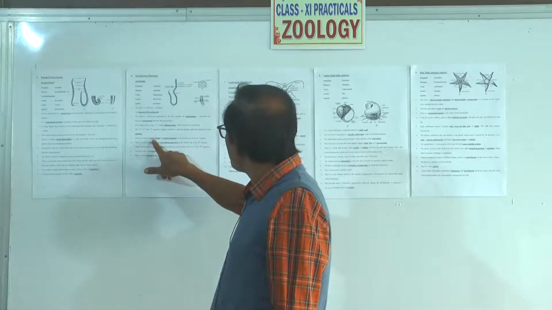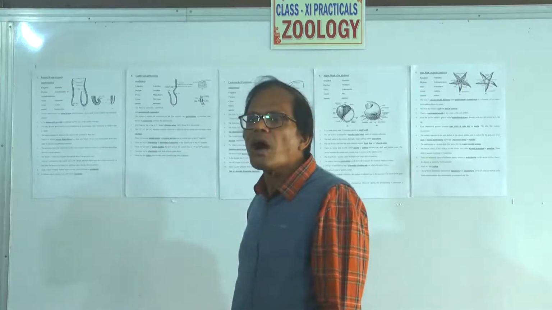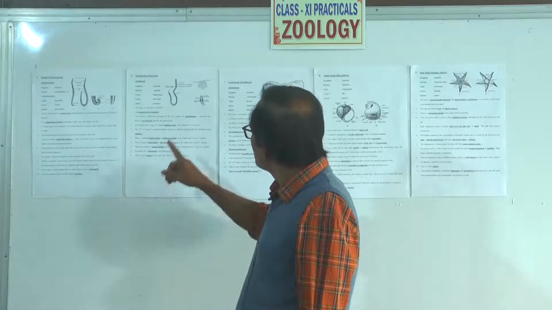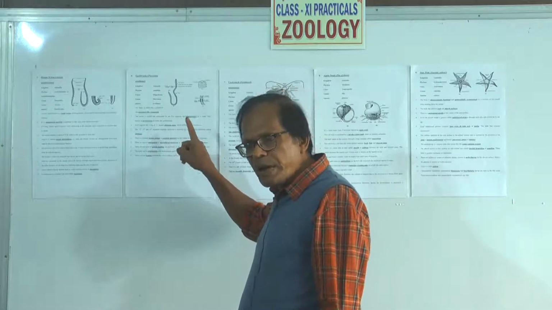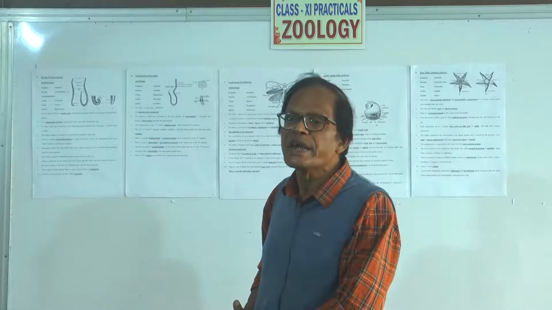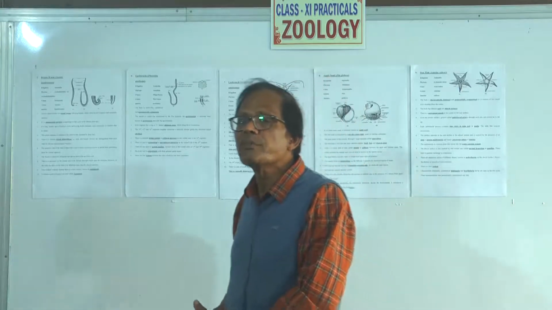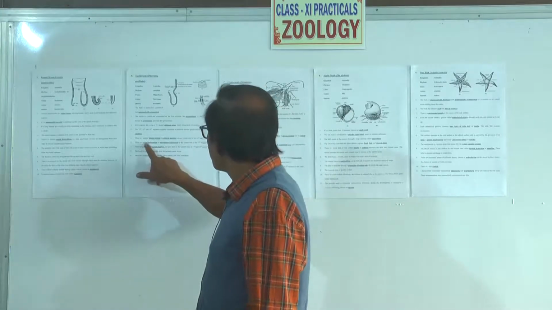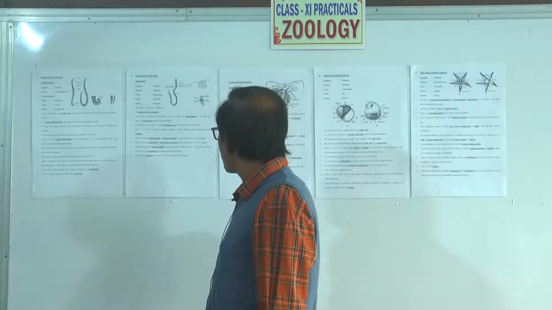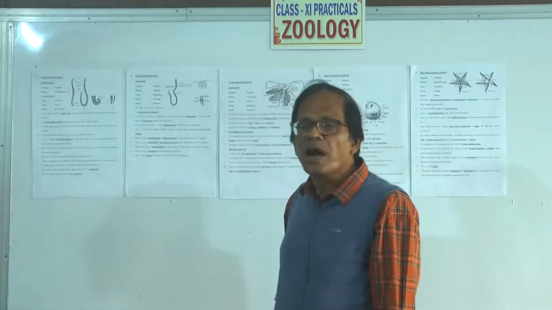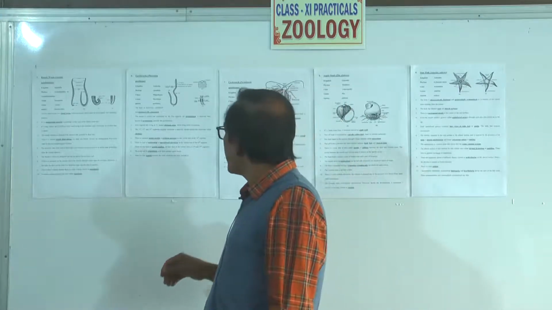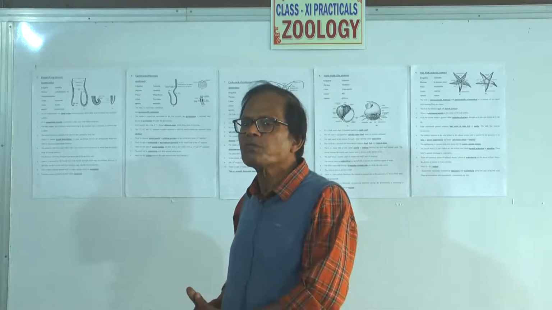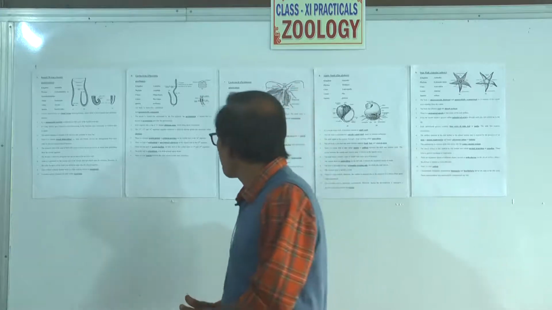There is a median female genital or oviductal aperture on the ventral side of the 14th segment. The female genital aperture is a median feature, singular feature. It is present only on the 14th segment, while the male genital or spermiducal apertures are paired apertures present on the 18th segment bilaterally, one on each side of the midventral line.